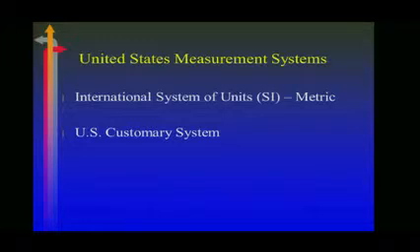US customary units I want you to know is the FPS system. The fundamental units here are FPS, foot, pound, second, versus meter, kg, second. Time units are the same for both.